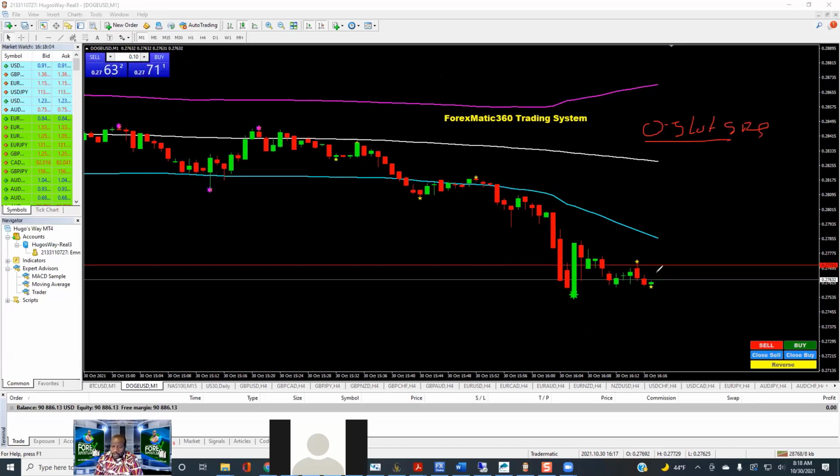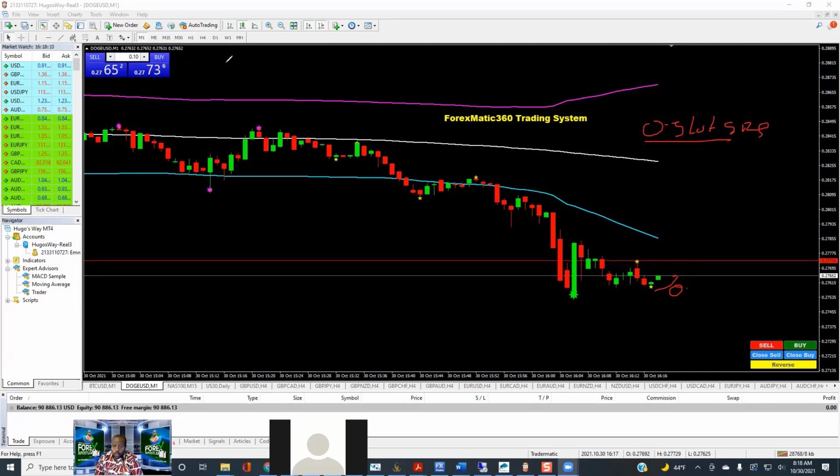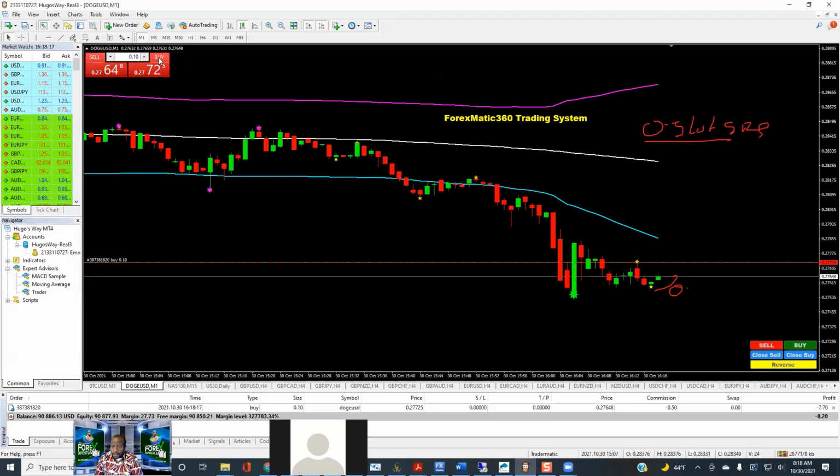Then I can decide to put 0.1. Like this one now, this is going up, so I can do 0.1 and I'm going to just go ahead and do that. You can see 0.1, I'll click on buy. So I buy 0.1, expecting it to go up.